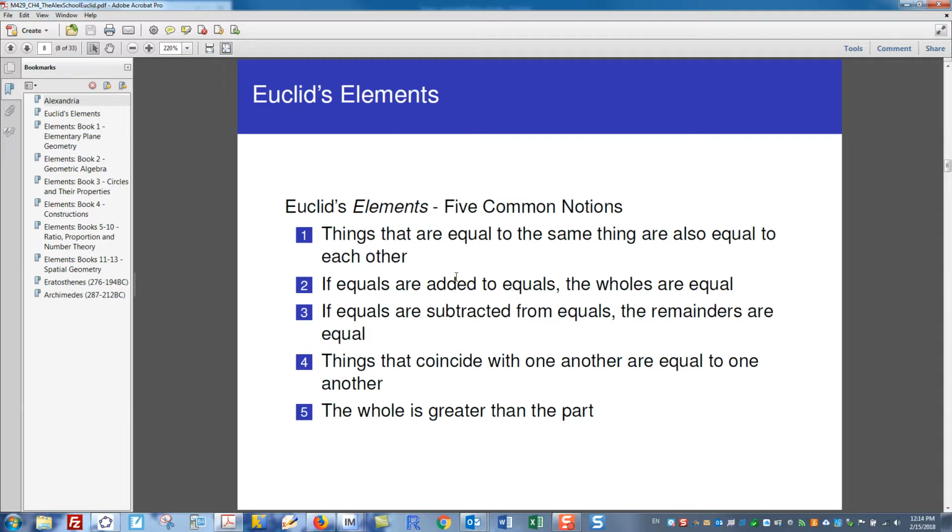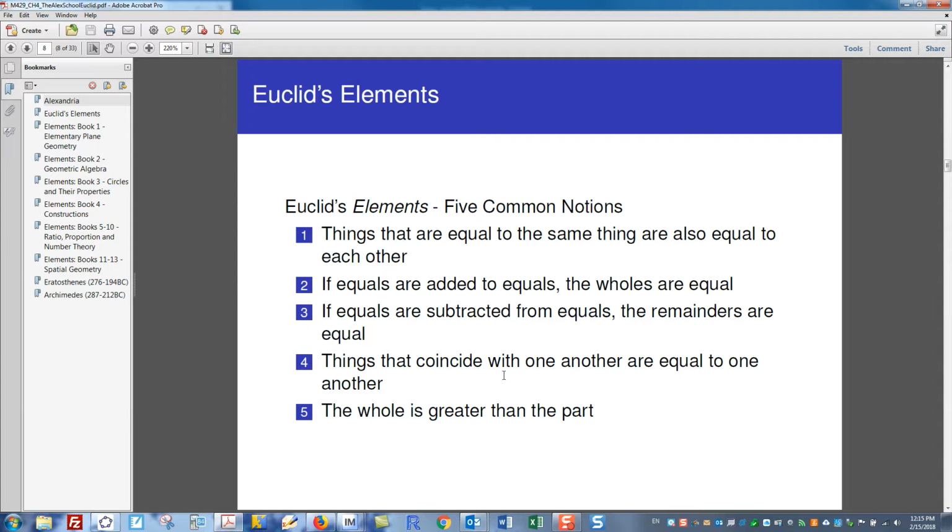If A is equal to B and C is equal to D, then A plus C is equal to B plus D, that sort of thing. If equals are subtracted from equals, their remainders are equal, so same statement as number 2 except in subtraction. Things that coincide with one another are equal to one another. In other words, if things are coincident, then they are equal. And the last thing is the whole is greater than the part.